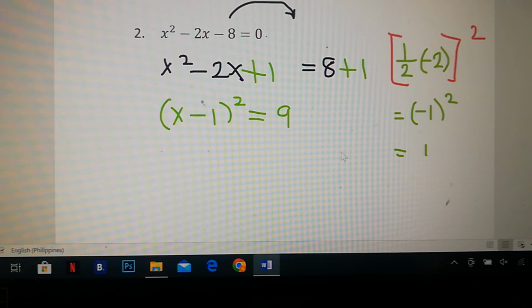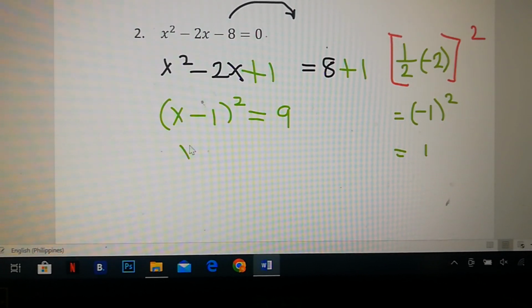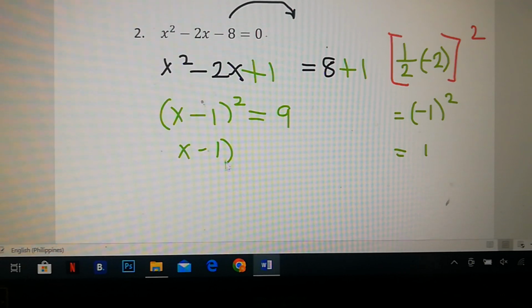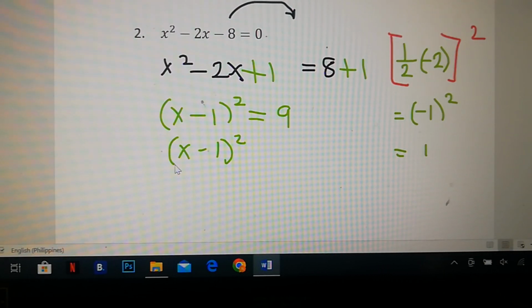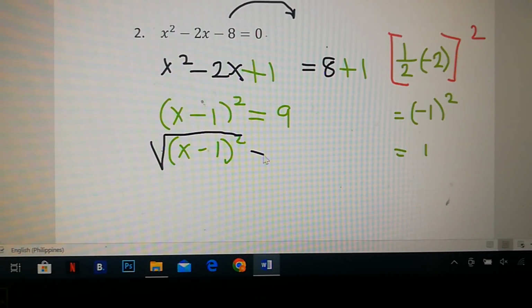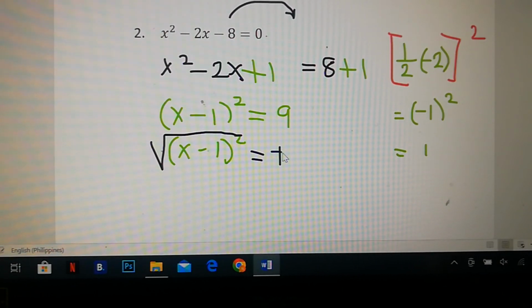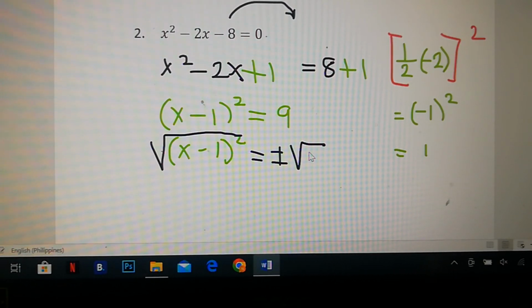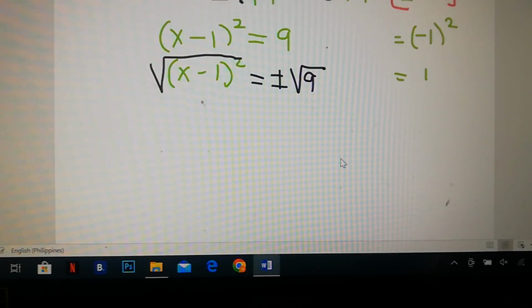Next is by extracting square roots on both sides of the equation. So (x minus 1) quantity squared, if you get the square root of this, you need also to get the square root of 9, so equal to plus or minus the square root of 9.